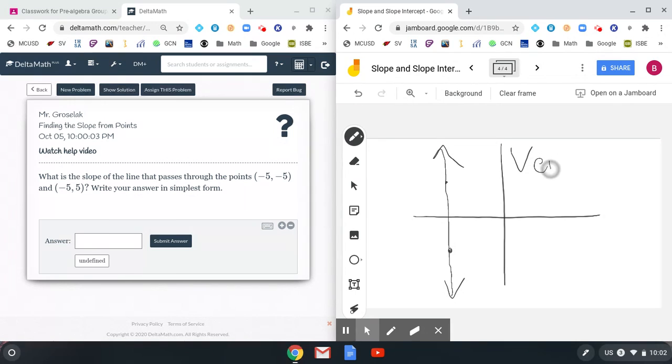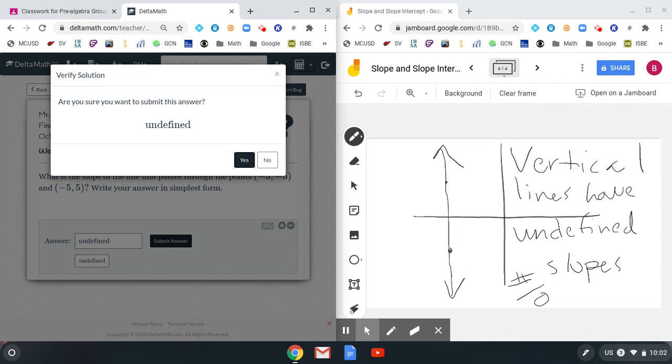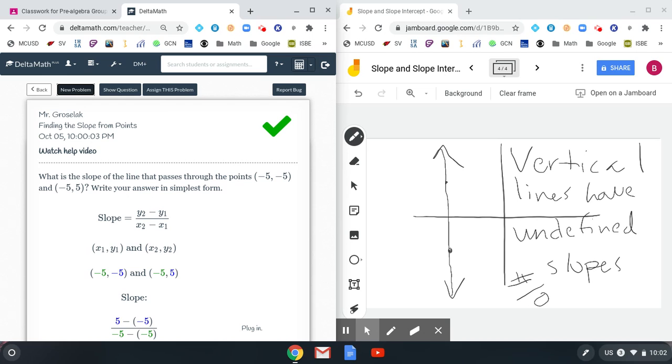So anytime that you have a vertical line, vertical lines have undefined slope. Undefined slopes. That's super important. So anytime that you have a vertical line, it's going to be undefined. And that's because you have a number divided by 0. So you can't divide by 0. So in this one here, it's undefined. Submit my answer. Yes, I want to submit that, and that is correct.